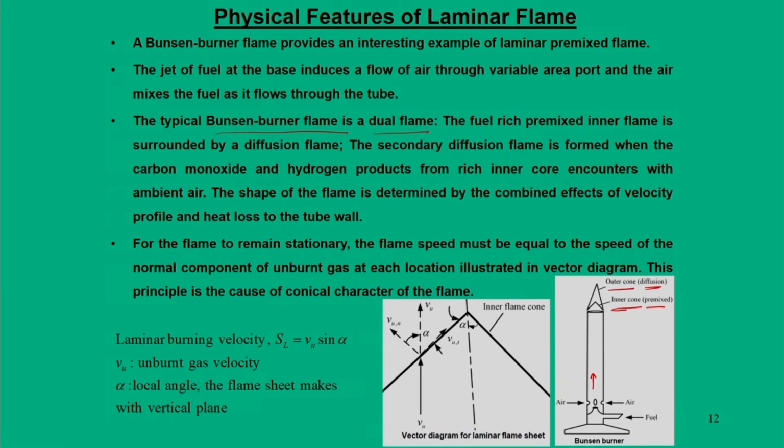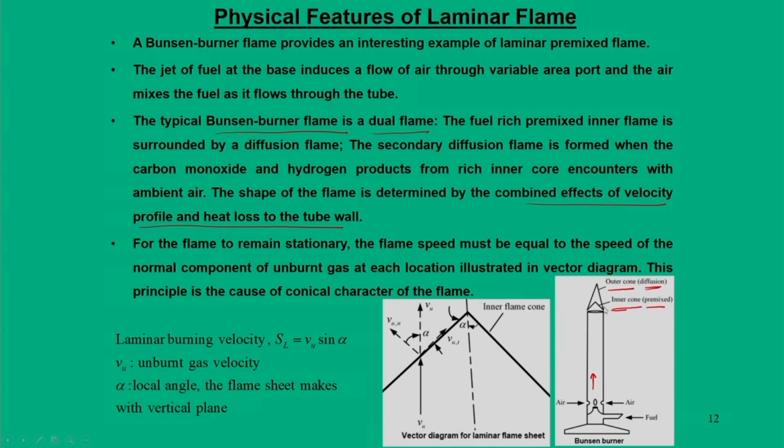The shape of the flame is further determined by the combined effect of velocity profile and heat loss to the tube wall. For the flame to remain stationary, the flame speed must be equal to the speed of the normal component of unburned gases at each location, which can be illustrated in the following vector diagrams.